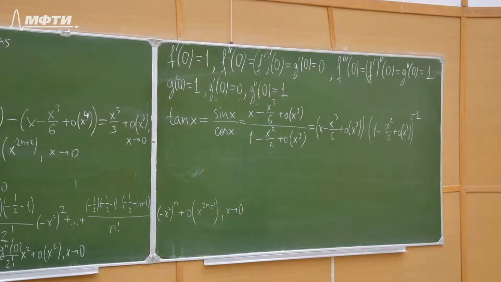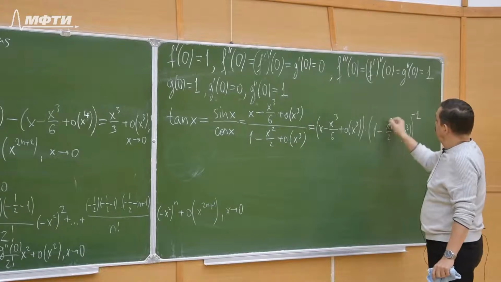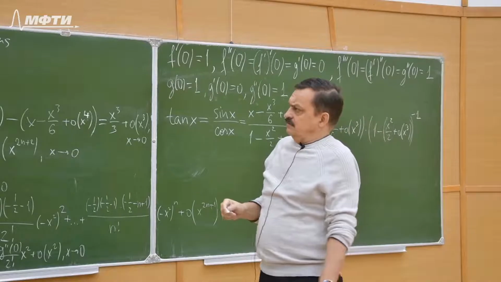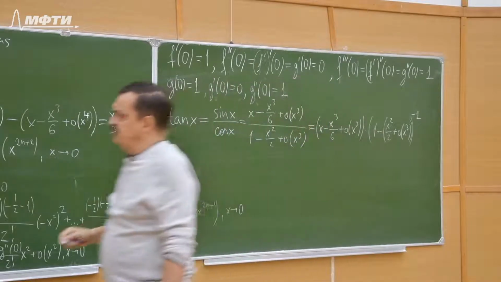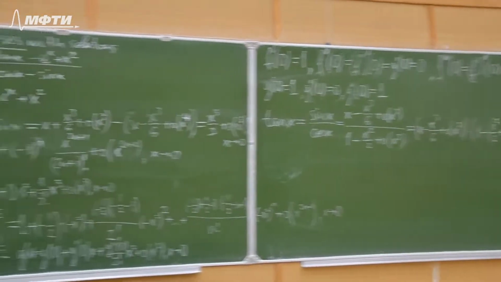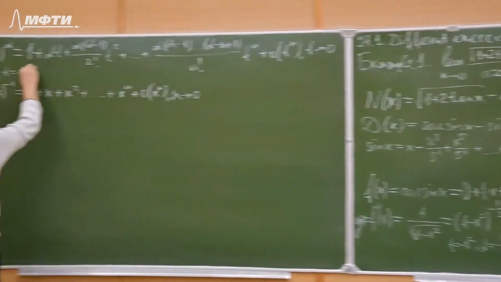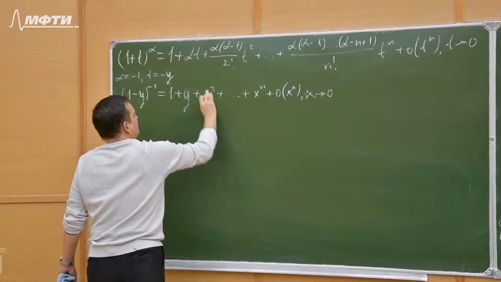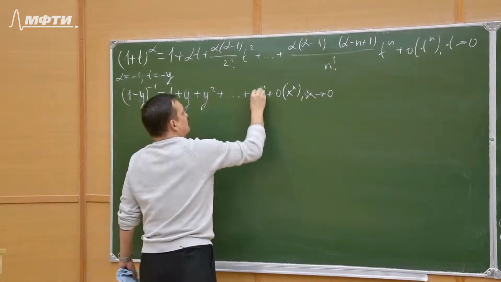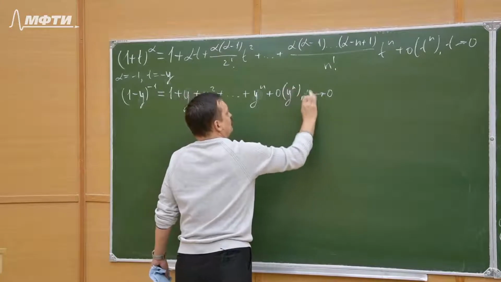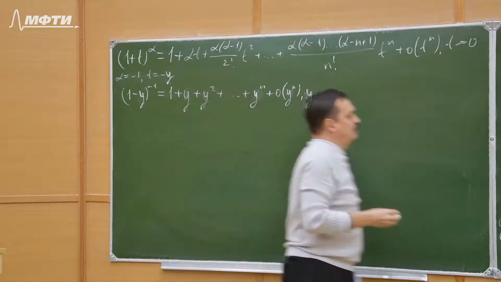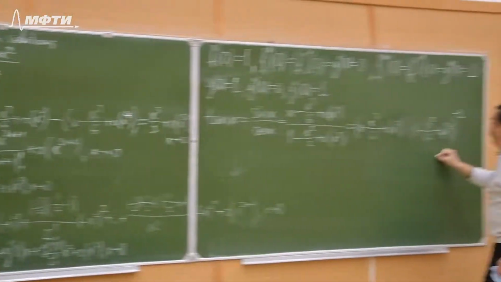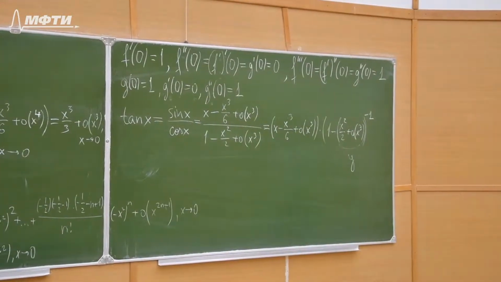So you see that maybe I should replace t by minus x, maybe by, let's say, minus y. And now look, y tends to 0, so that is our y now, right?